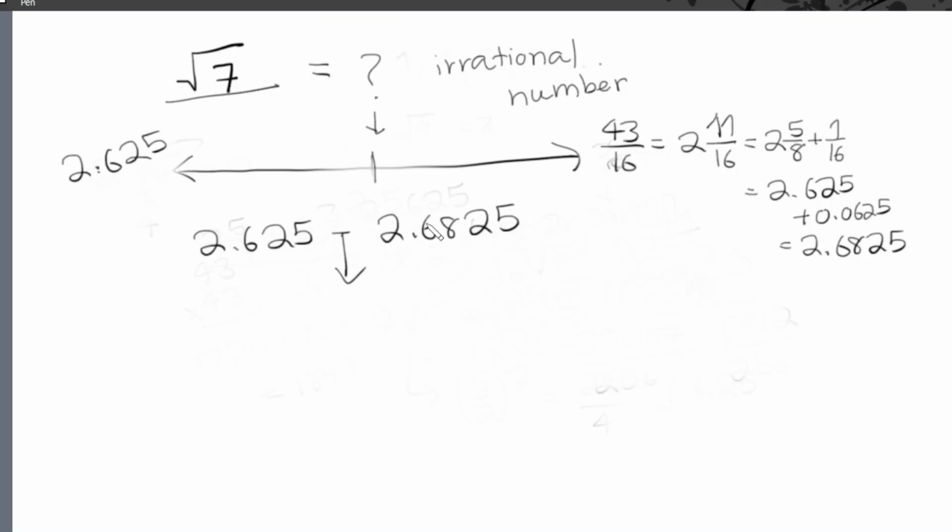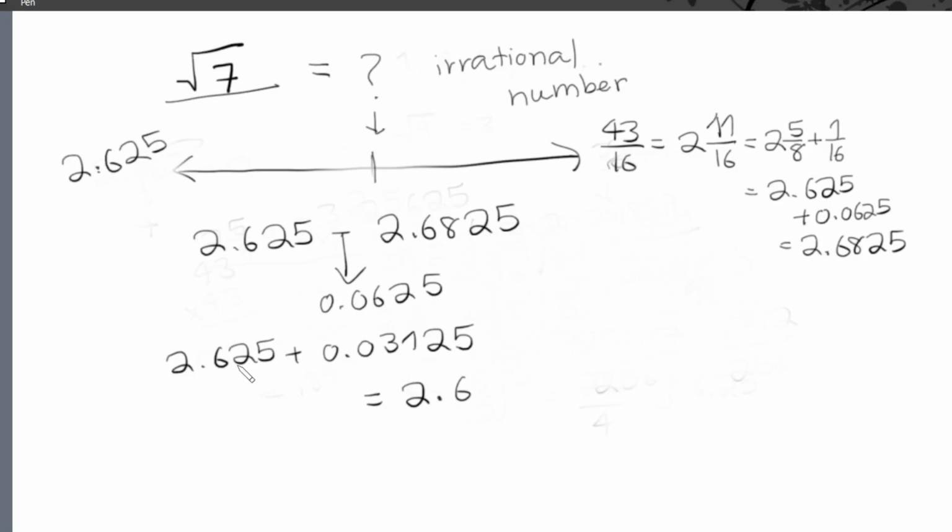So if we subtract these, just a gap of 0.0625. And so the average would just be 2.625 plus 0.03125, which is 2.5625.